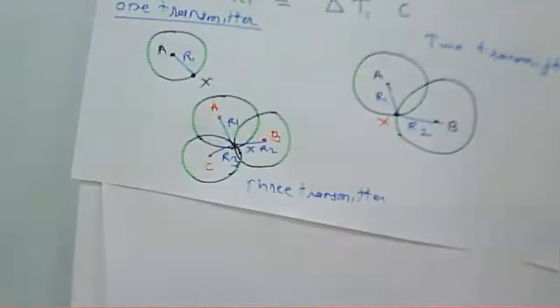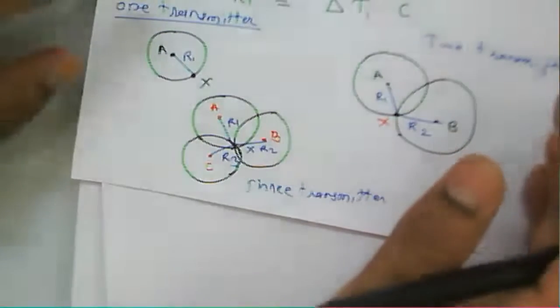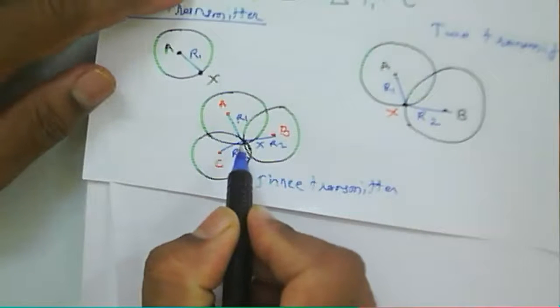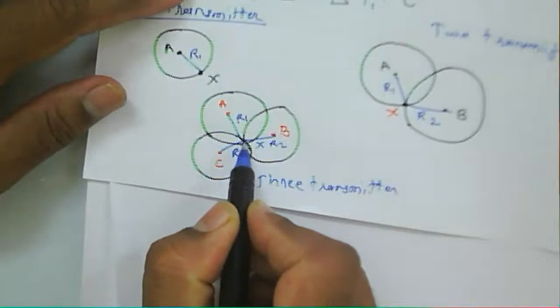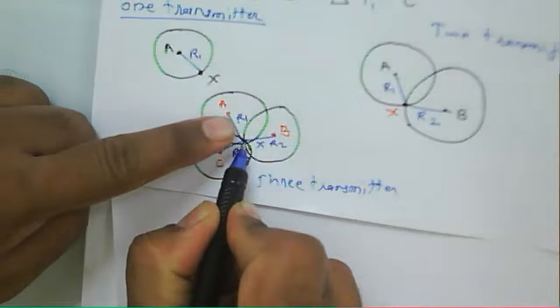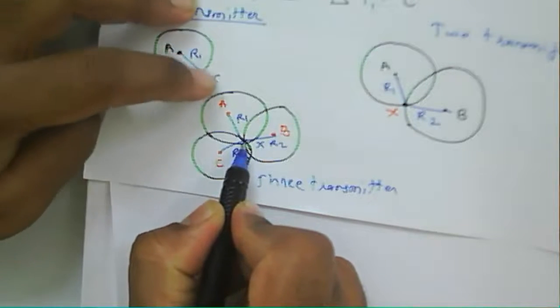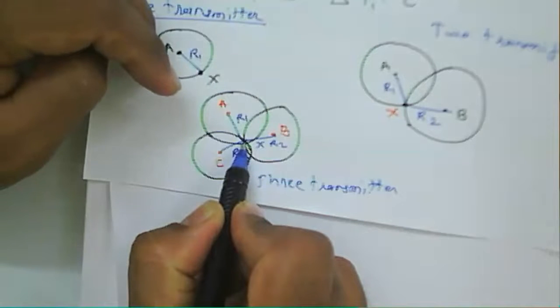That is the position of the receiver, and it will be fixed from the three transmitters.